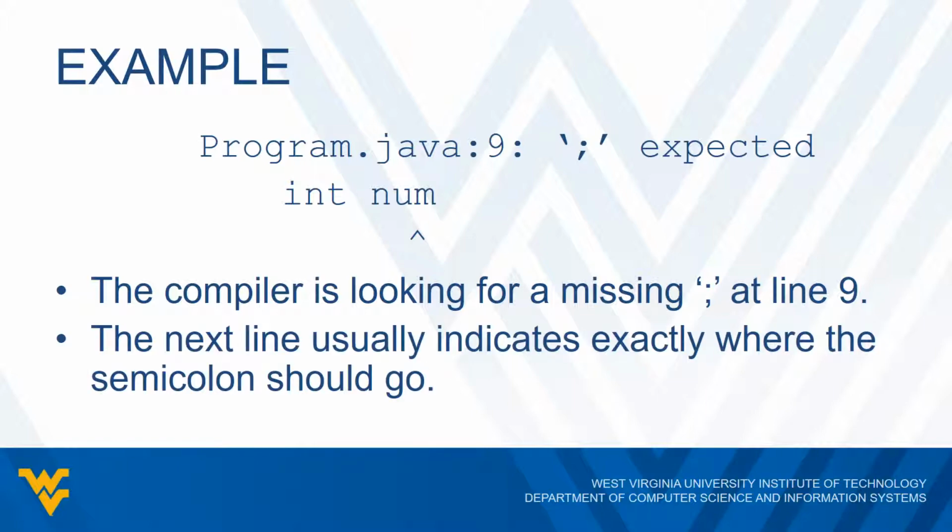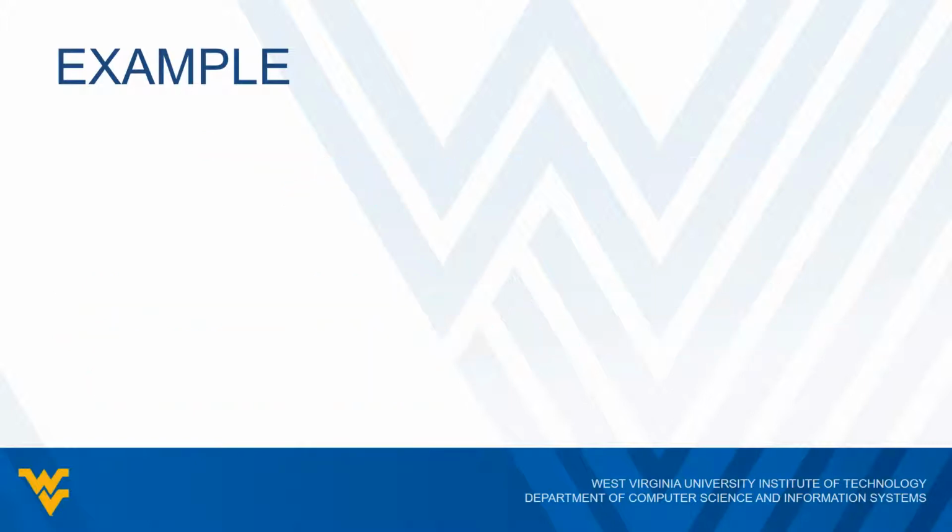And the next line usually indicates where the semicolon should go, or at least where it's saying there's something wrong. So it's saying that I have this int num, and it expects a semicolon but doesn't see it there. This tells us that to fix our problem, we should include a semicolon at the end of num, and that should take care of our error.